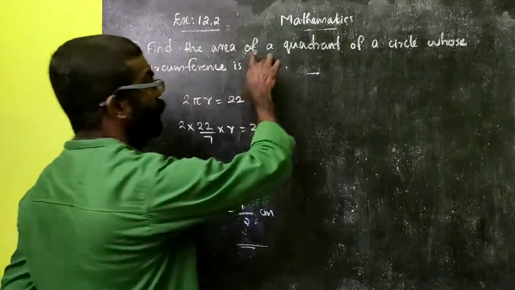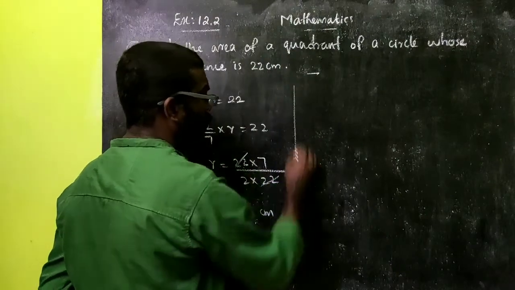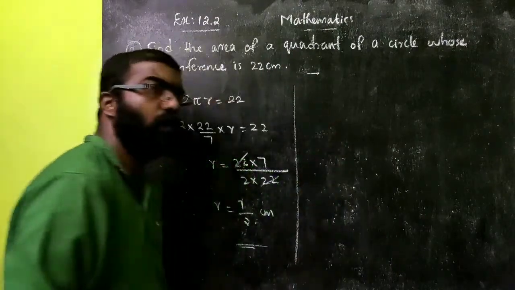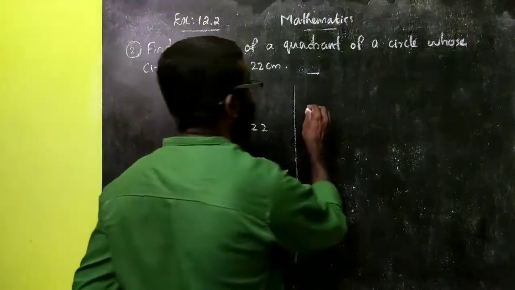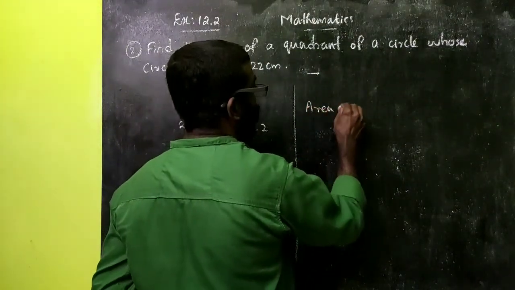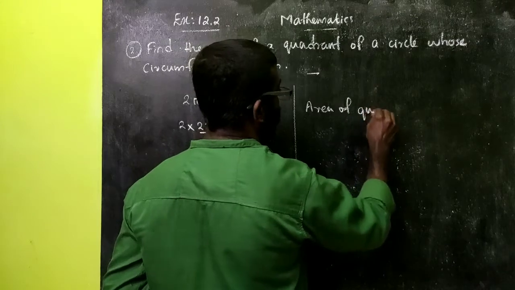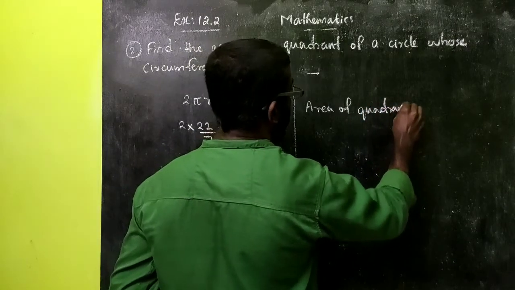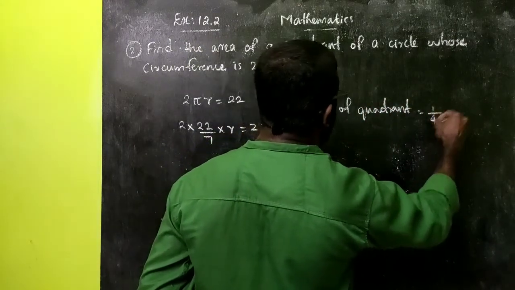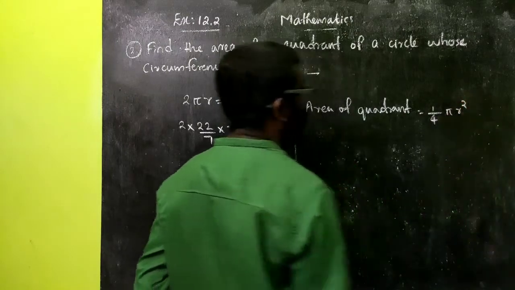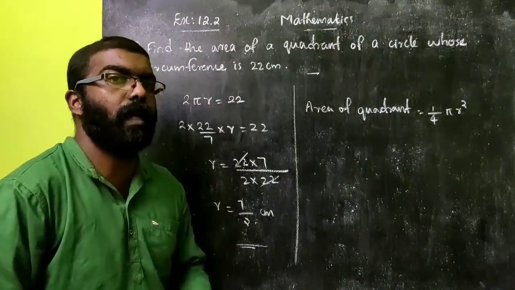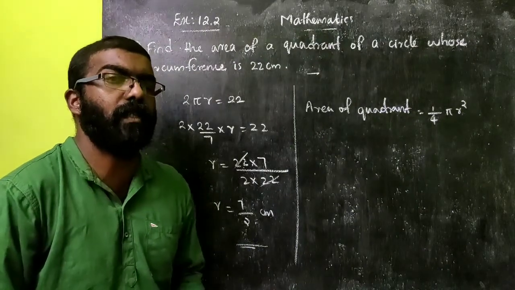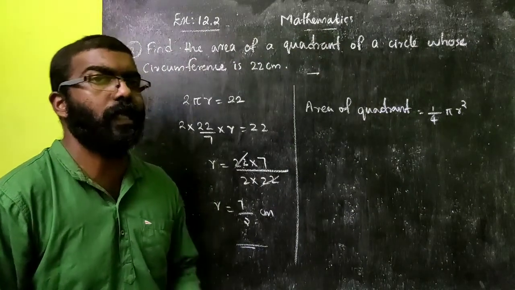Now we can find the area of the quadrant of the circle. So quadrant is 1 by 4th of the circle. So 1 by 4 pi r square. Area of quadrant is equal to 1 by 4 pi r square. Or you can replace theta is equal to 90 degree in the formula area of a sector, theta by 360 into pi r square. Both give the same answer.